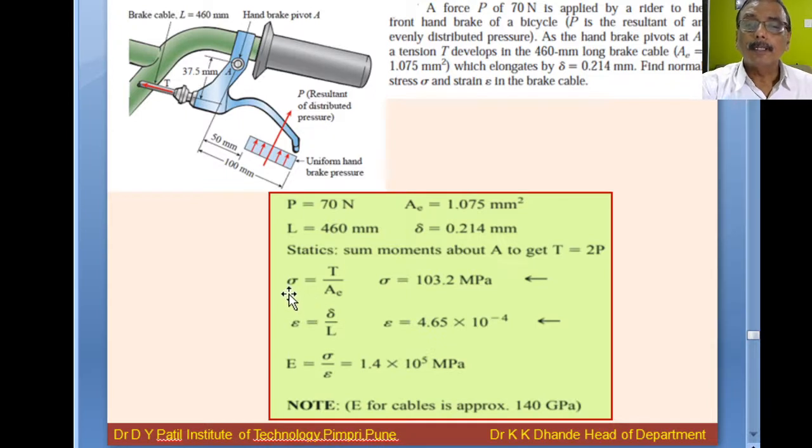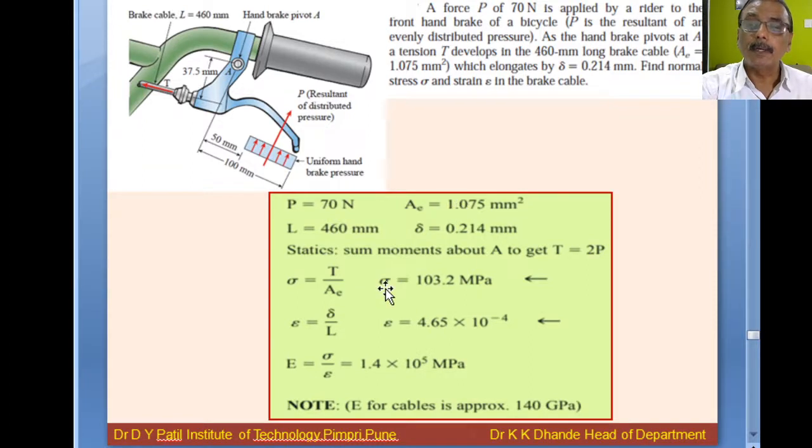Now tensile stress sigma is equal to T upon cross sectional area. Sigma we have to calculate. T means it is 2P. P is given to you, 70. So 2 into 70 divided by its cross sectional area, that is 1.075.